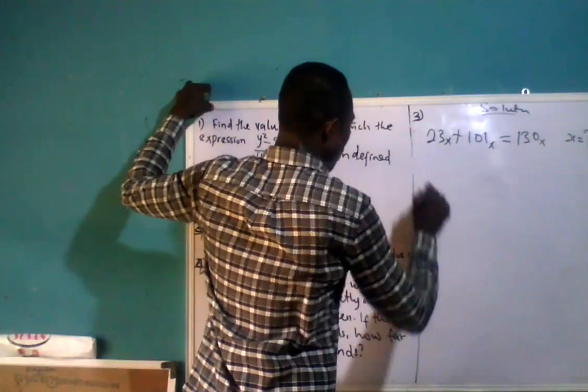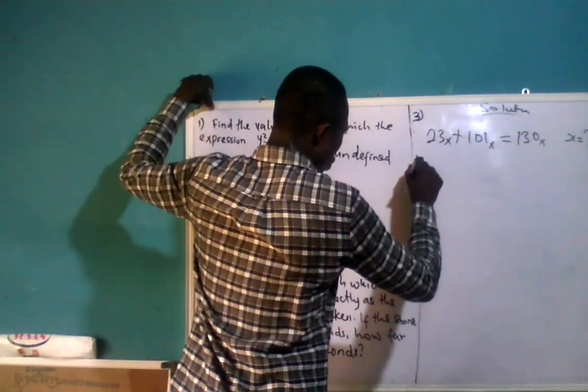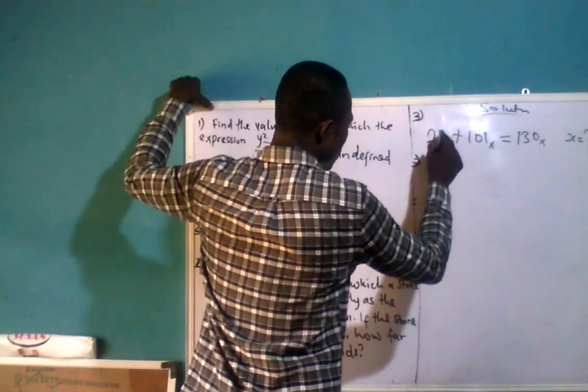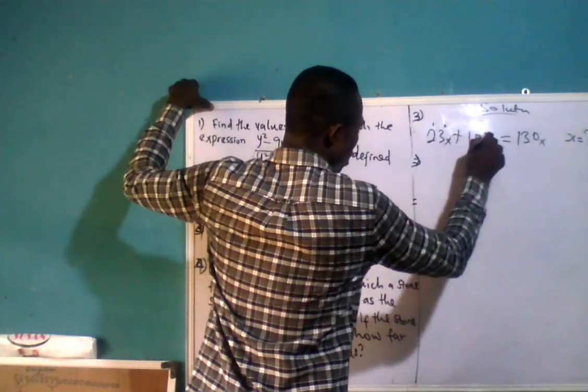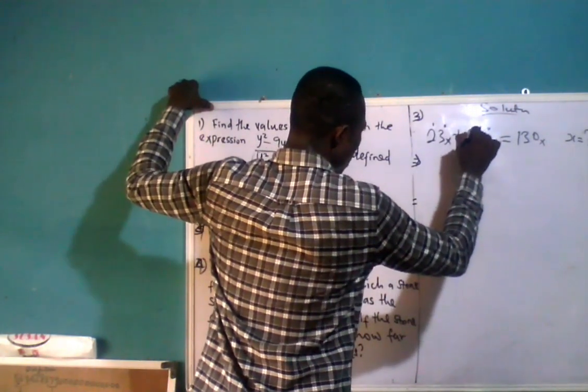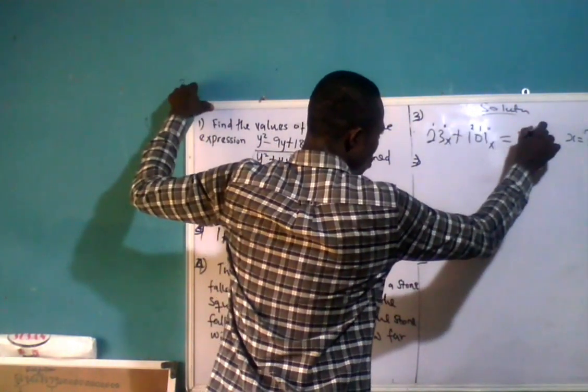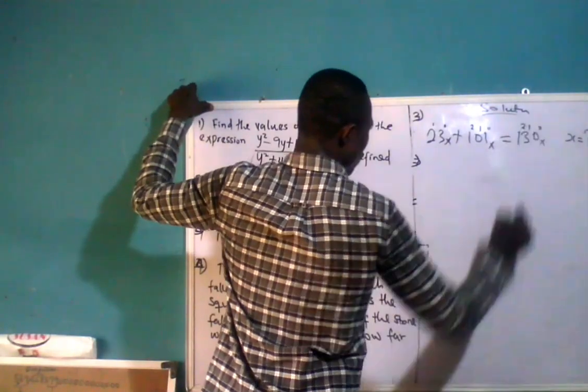Now you have to put the positions of all the digits. You have 3 in position 0, 2 in position 1, 1 in position 0, 0 in position 1, 1 in position 2, and for the last number, 0 in position 0, 3 in position 1, 1 in position 2.